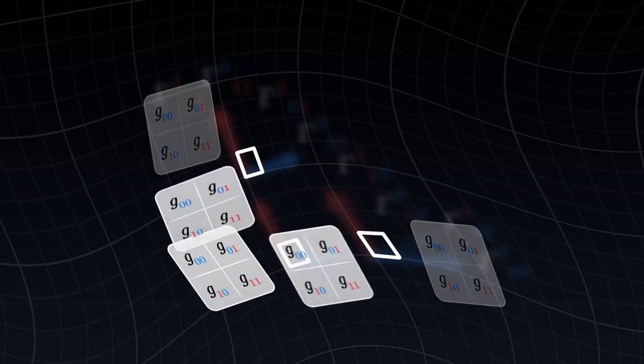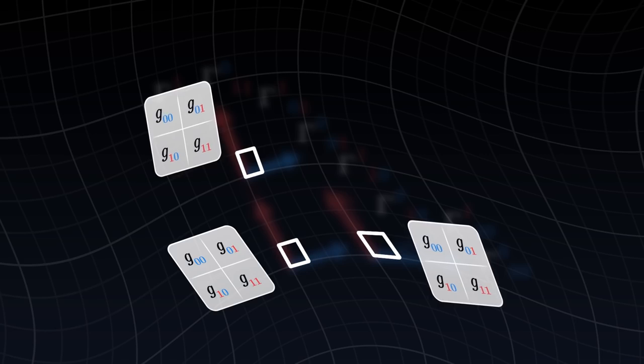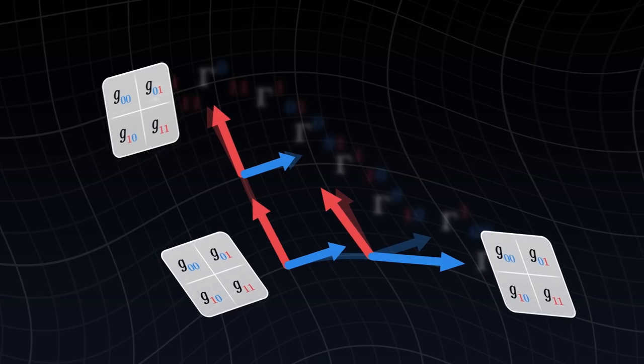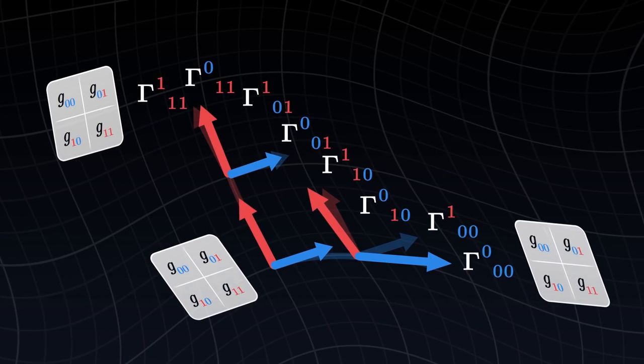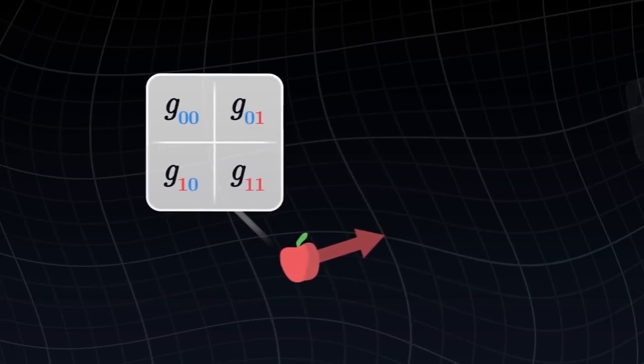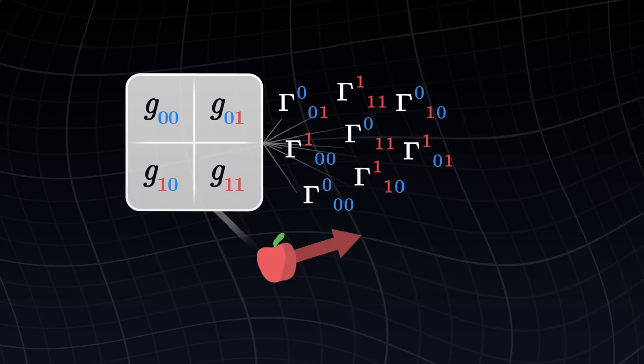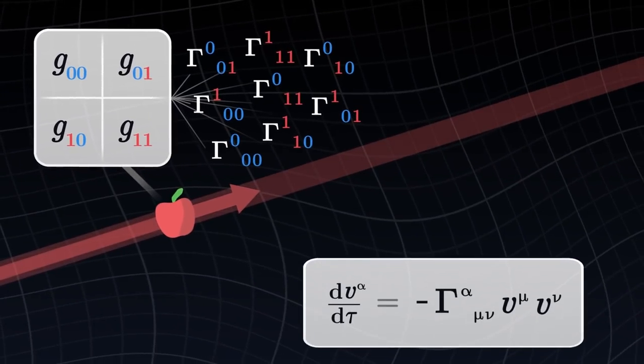By measuring how the metric tensor varies along the grid, we can thus determine how the basis vectors change, and therefore the Christoffel symbols. Thanks to the metric tensor, we can now calculate the value of the symbols and thus use our equation.